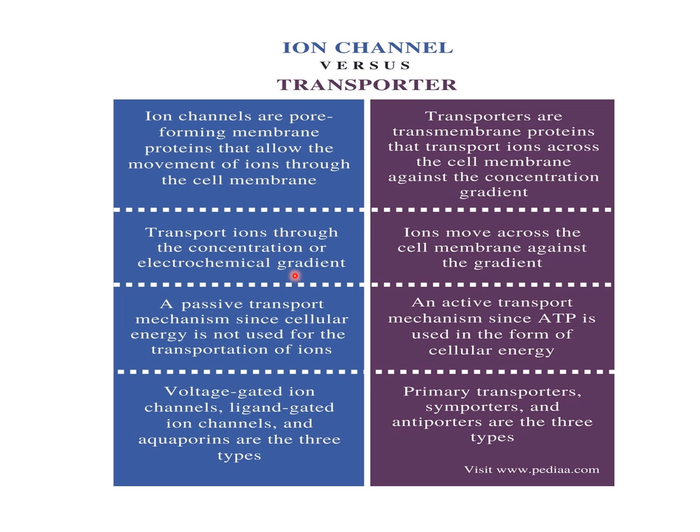Ion channels transport ions along the concentration or electrochemical gradient, whereas transporters do it against the concentration gradient.